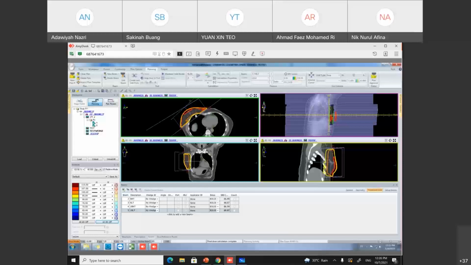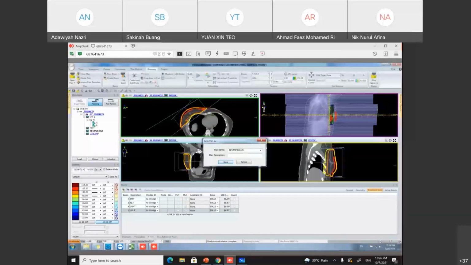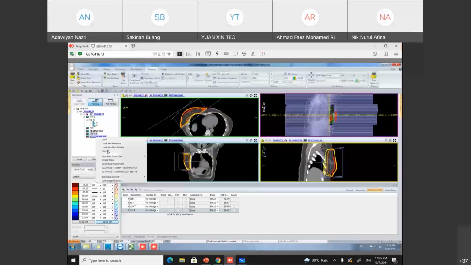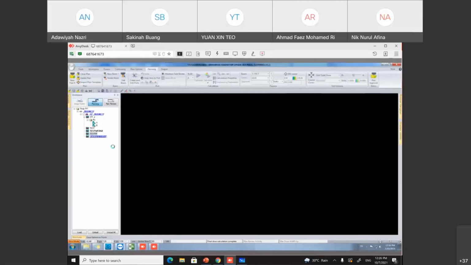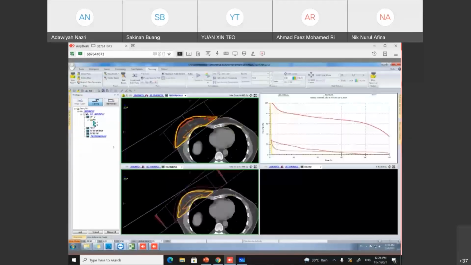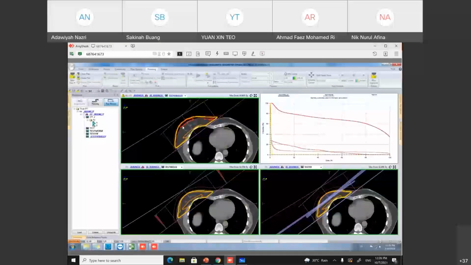Okay, as you can see here, let me save. Of course, after you apply the bolus to this plan, the hotspot will come back, because they dump all the dose to increase the dose at the superficial surface of the patient's breast. So now you can see all the 100% is covered.